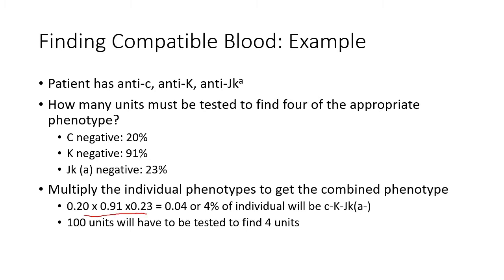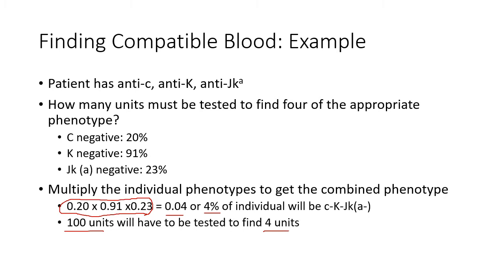You multiply all of these together and you come up with 0.04, which means 4% of individuals will be little c, Kel, and JKA negative. 4% means 4 out of 100. Remember, percentage adds up to 100. So therefore, you will have to test 100 units in order to find 4 compatible units of blood.